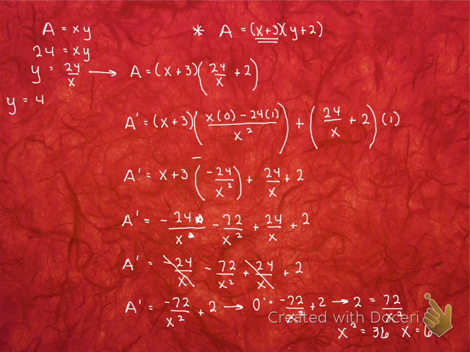So the dimensions of the page would be a length of 9 and a width of 6. X is 6, and 6 plus 3 is 9. Y is 4, and 4 plus 2 is 6. So those are the dimensions.